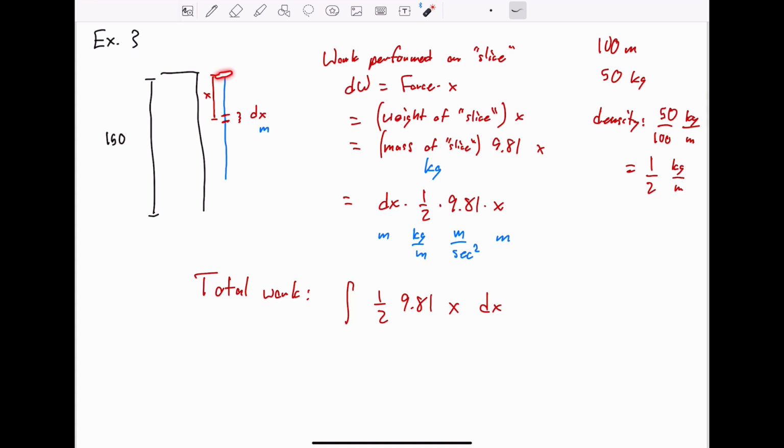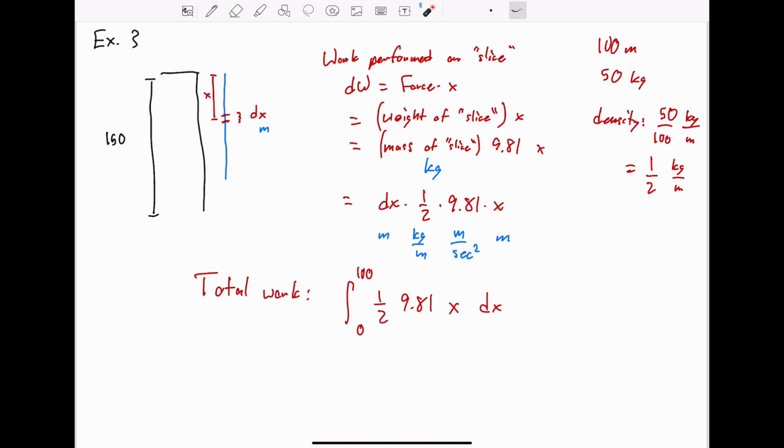We need to start integrating at a distance of 0 to get the top portion of the chain, and then we need to continue integrating until we get to the total length of chain, which is 100 meters. So the limits of integration will be from 0 to 100. So this integral describes the total amount of work required in order to move the chain from where it is, suspended in space, to the top of the building.